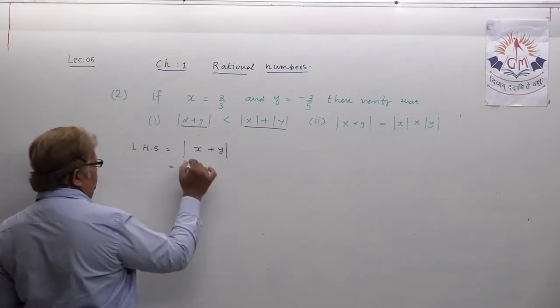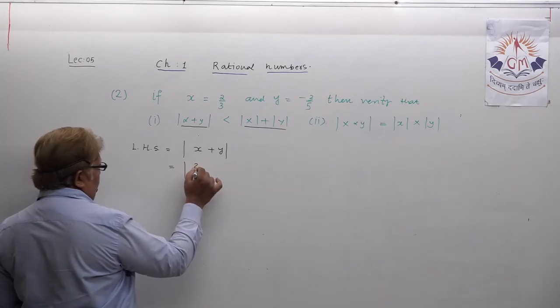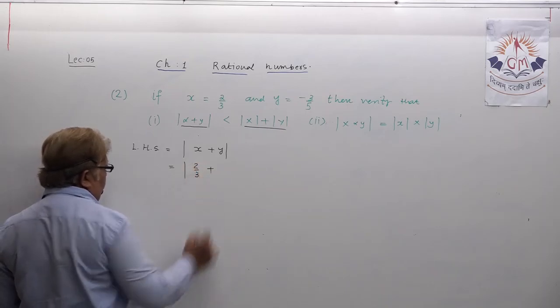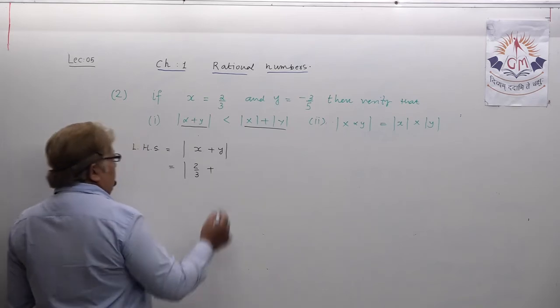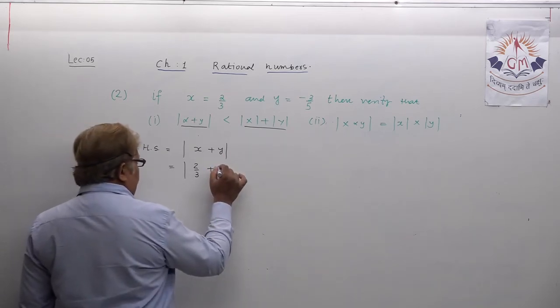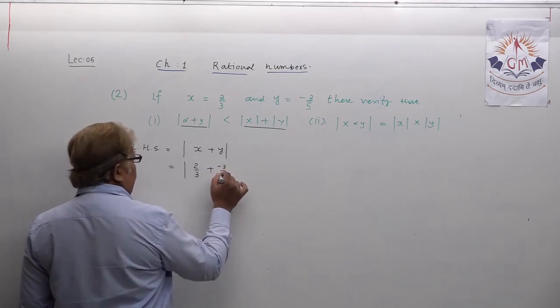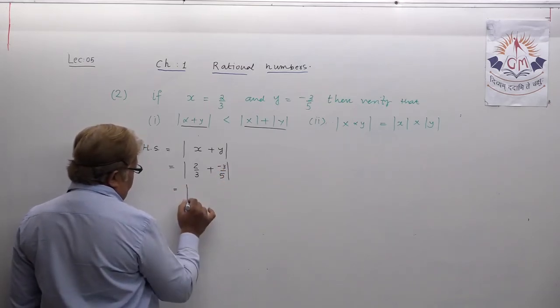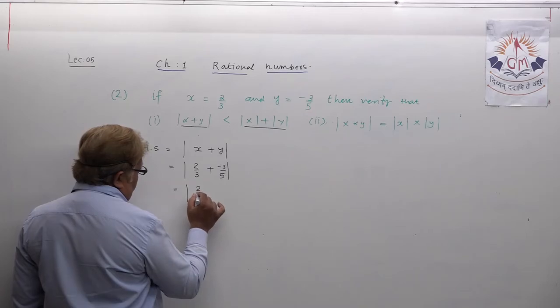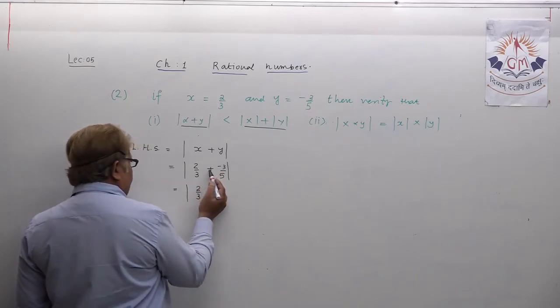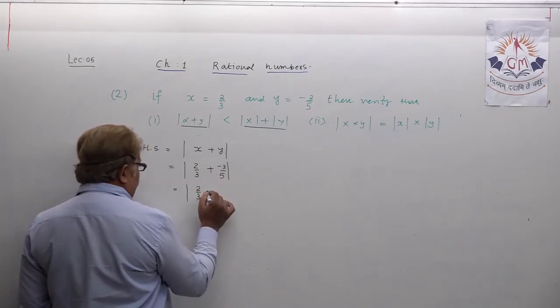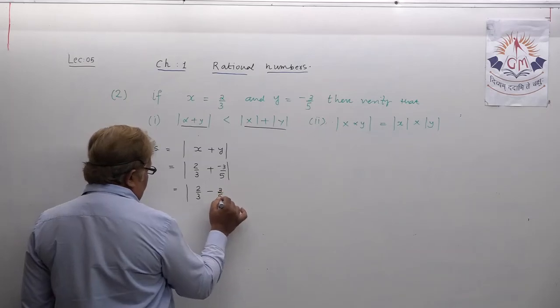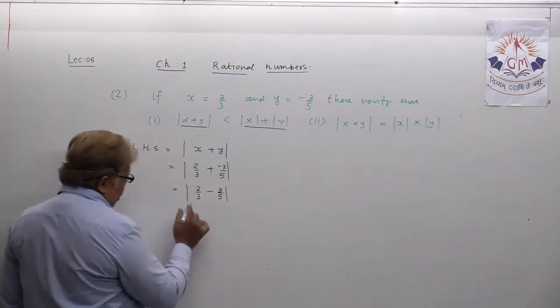What is x given? 2 upon 3, plus. What is y given? Minus 3 upon 5. It is equal to 2 upon 3, first you solve this, minus 3 upon 5.